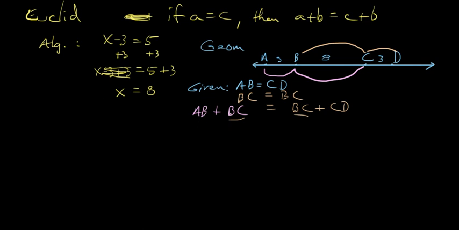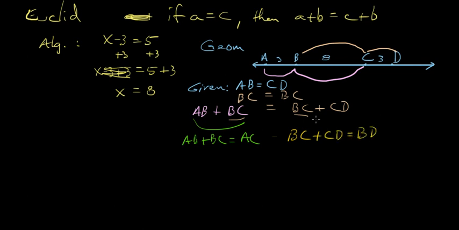So what do I end up with? AB plus BC equals AC. This is according to the segment addition postulate. If these two are on the same line, if I add the two, they're going to be equal to the longer one. By the same token, BC plus CD equals BD.